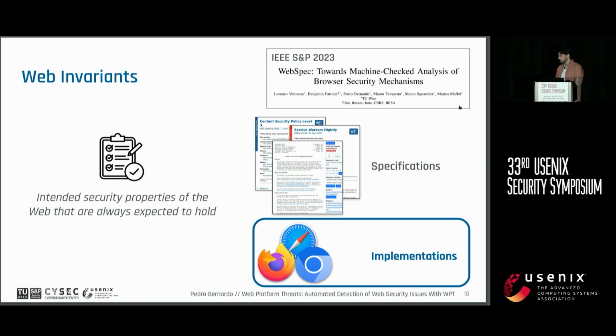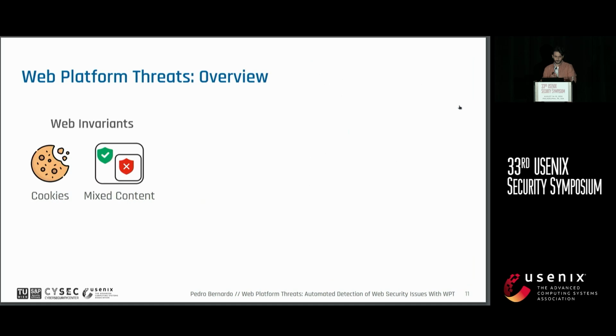In previous work, we explored web invariants in conjunction with a formal browser model to find security issues and logical flaws in the specifications. This time around, we focus on finding security issues with the implementations themselves, so in browsers. Our approach starts by defining a set of web invariants. We focus on these two mechanisms, cookies and mixed content, since they have clear security implications and their specifications are relatively compact.